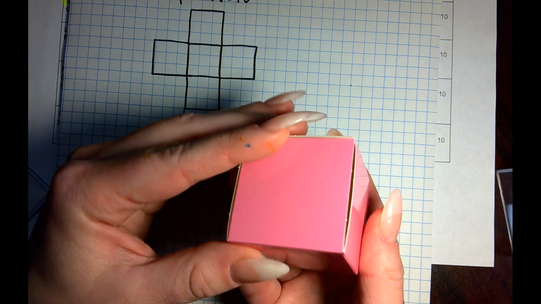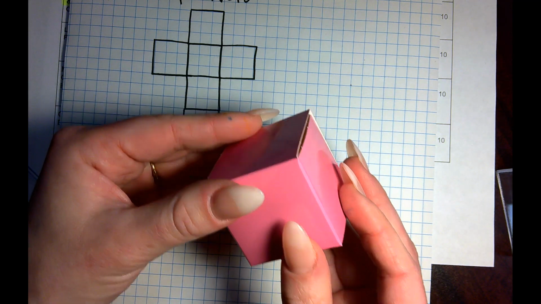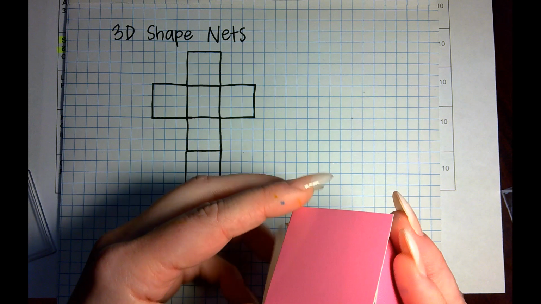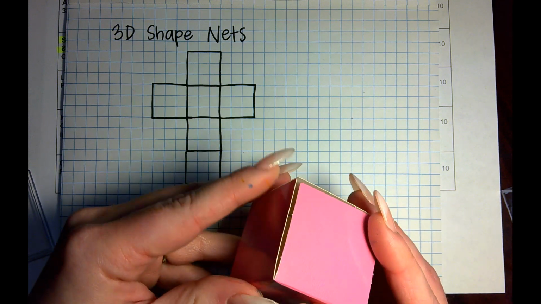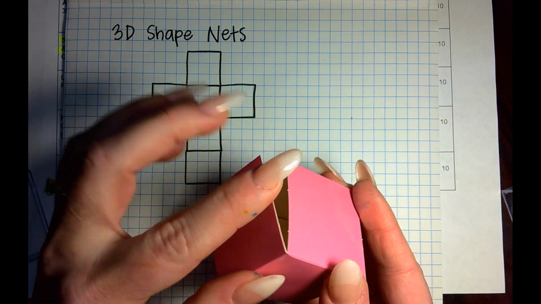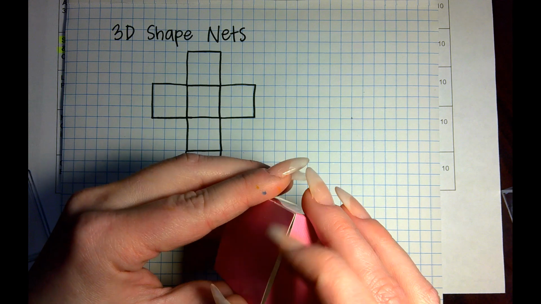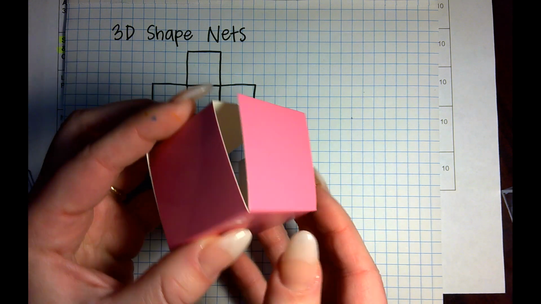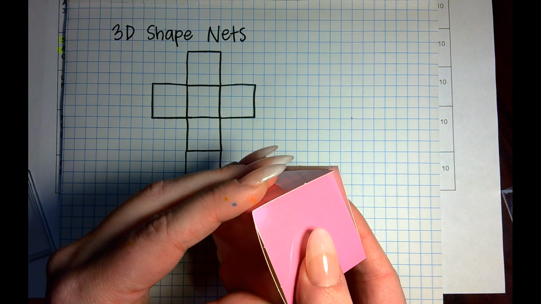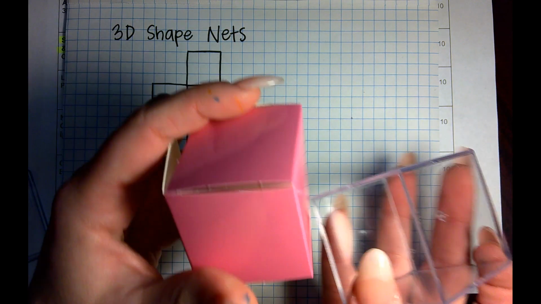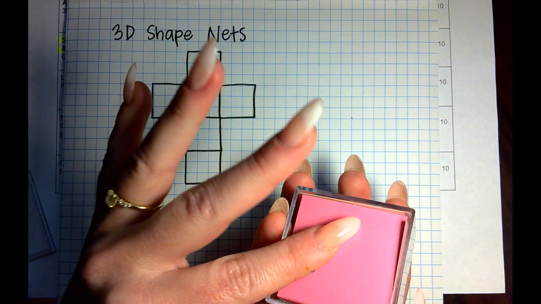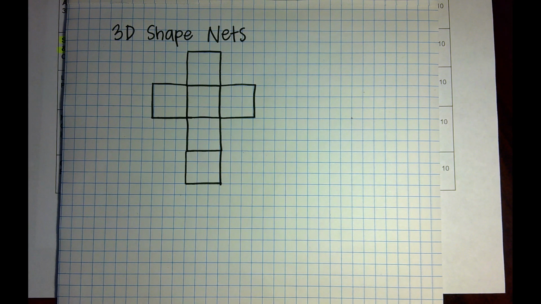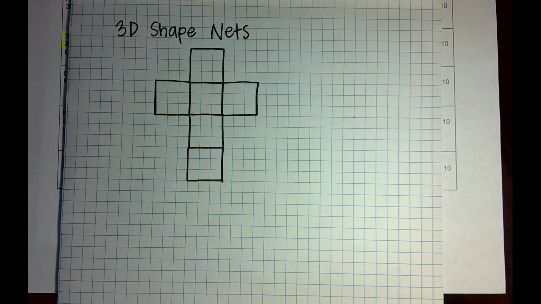Once you cut out your shape like this, you would research a net of whatever shape you decide to do. You would cut out that net and tape it together or use glue to put your shape together, and you're going to create a three-dimensional shape just like that. So you will find a net that's going to help you create your shape.